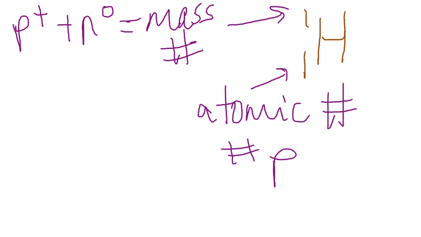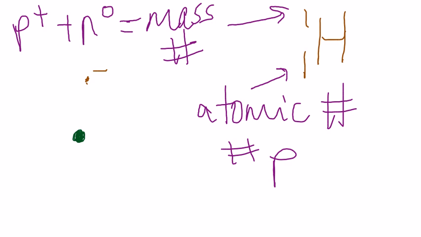This hydrogen atom has an atomic number of 1, which means it has 1 proton. There it is. Because it has 1 proton, if it's electrically neutral, that means there's going to be 1 electron, and that's how I'll represent that.